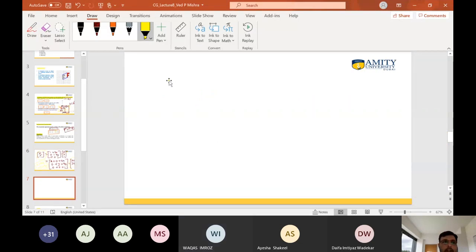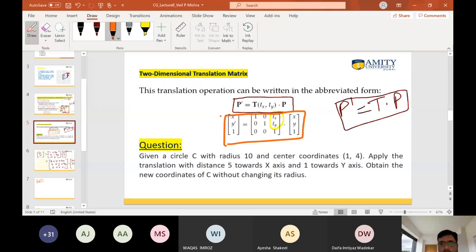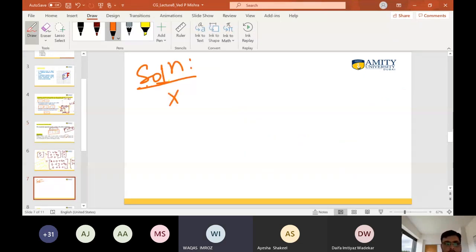If you solve it, what is x here? x is 1, y is 4. So x is 1, y is 4.